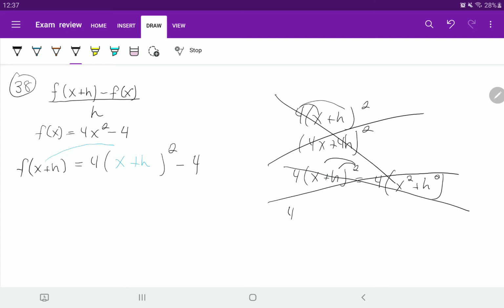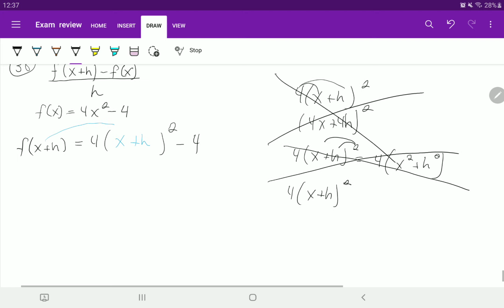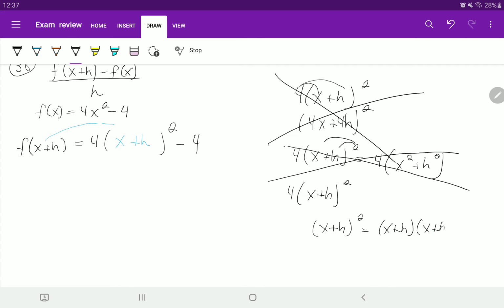When you have 4 times x plus h squared, evaluate the x plus h, that quantity squared, first. The exponent of 2 means you're multiplying the x plus h by itself twice, which is x plus h times x plus h. That is the correct approach.